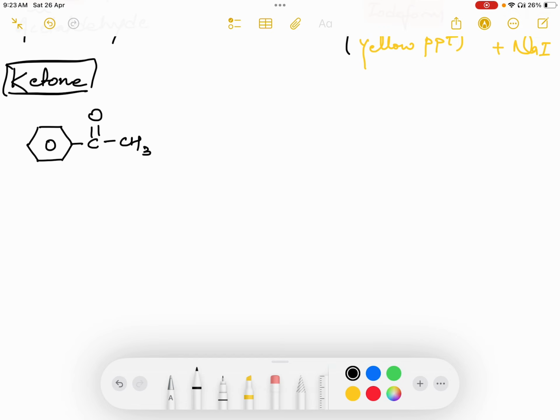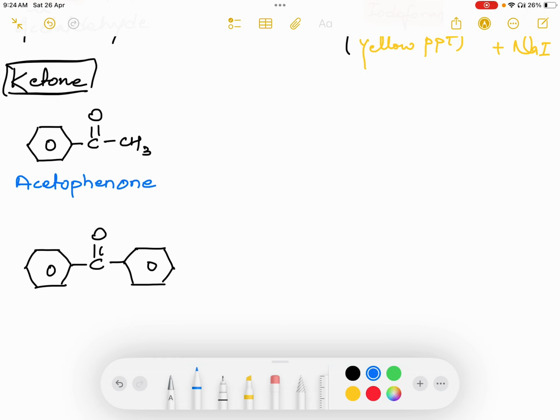Next you have benzophenone. I'm taking an example of benzophenone. So I have a benzene ring, C double bond O, and again a benzene ring. Both of them are ketones, but this one is named acetophenone, and this one is known as benzophenone.